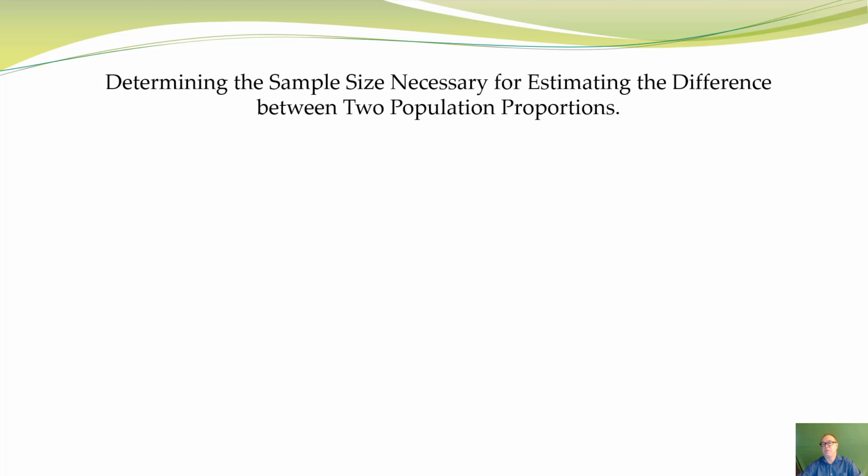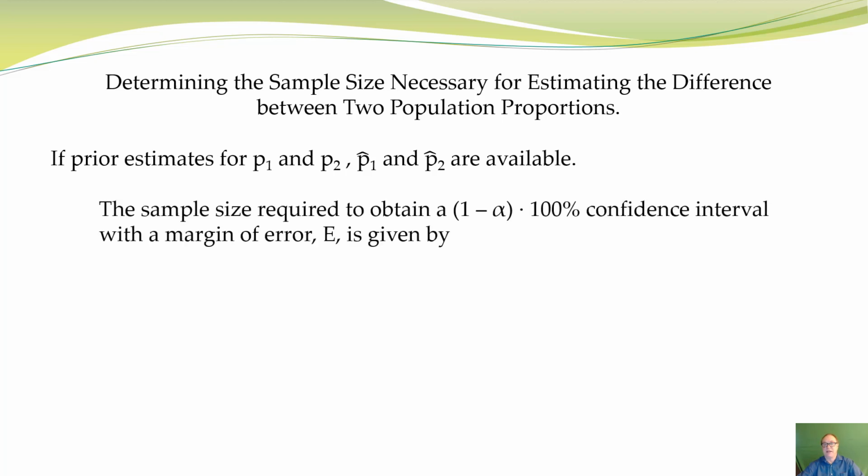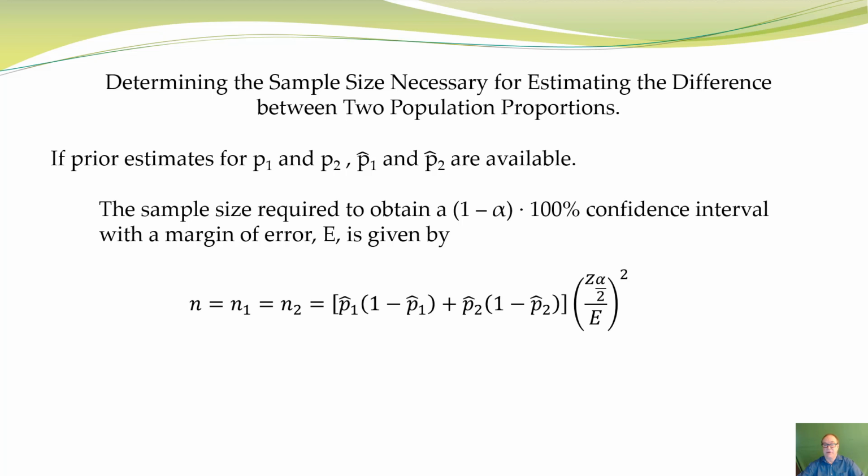Now, determining the sample size necessary for estimating the difference between two population proportions. If prior estimates for P1 and P2 are known, P hat 1, P hat 2, so they're available, the sample size required to obtain a 1 minus alpha times 100% confidence interval with a margin of error E is given by, N would equal N1, which would equal N2.